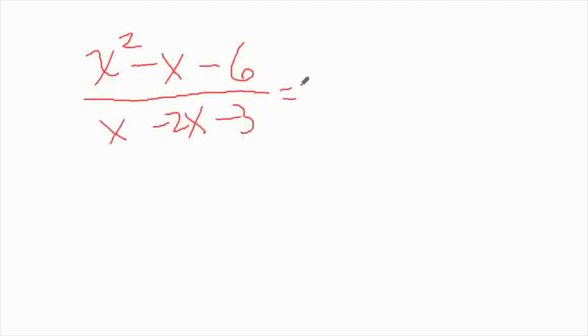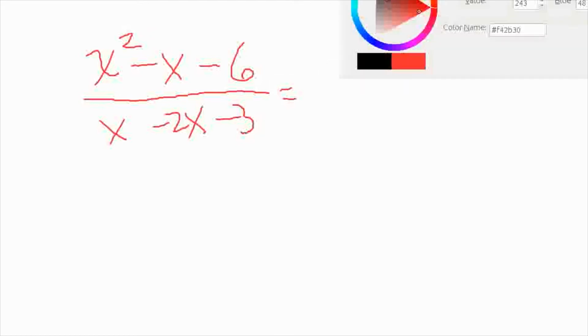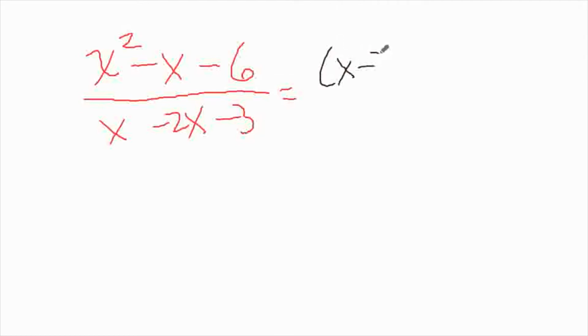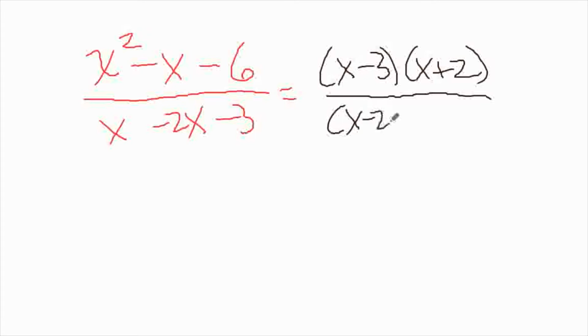Okay, so how would we reduce that? You can't cross anything out because it's not factored. So first we have to factor it. The first one factors to that. The second one factors to this.